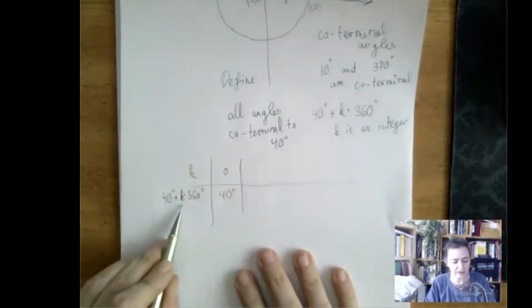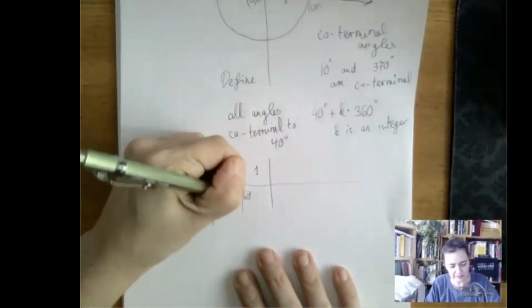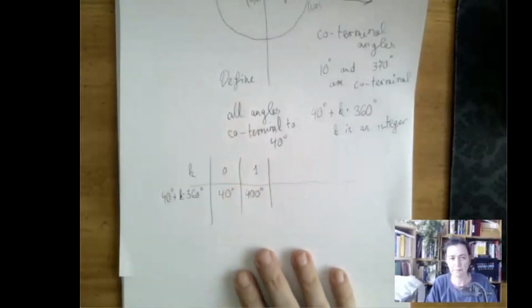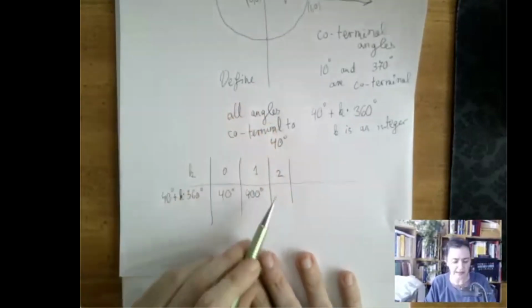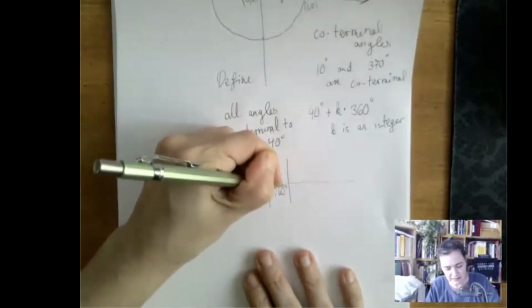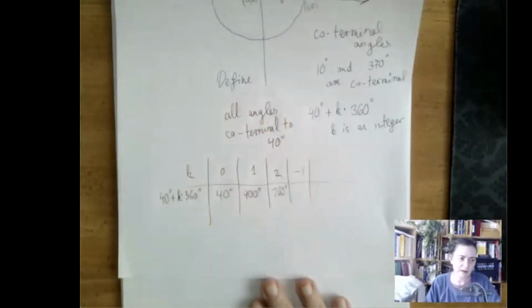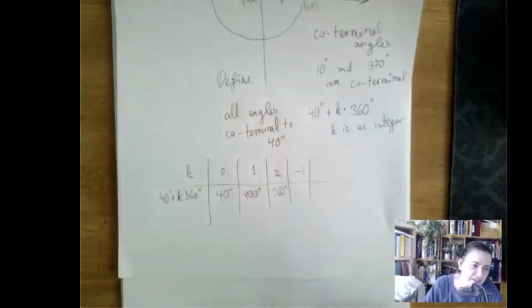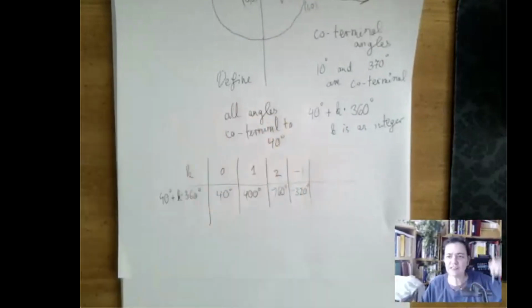We put 0 into k, but we can also put 1 into k, and then we get 400. Or 2, where we get 720 plus 40, 760. And we can also put negative 1 in there. Then we get negative 320. These all look the same. If you draw it on the unit circle, they all land on the same point. They're coterminal.